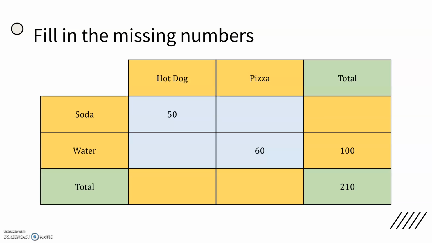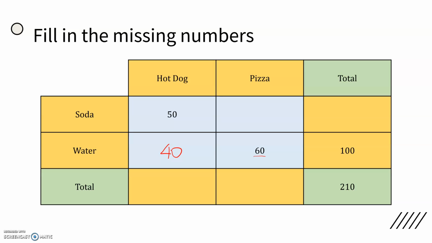So if we have a look at the information here, on the first point, it may look a little bit tricky, but there are 100 people who drink water, and then there are 60 people who drink water and eat pizza. So that means this missing number, if we add it to 60, we will get 100. So therefore, the missing number here should be 40.